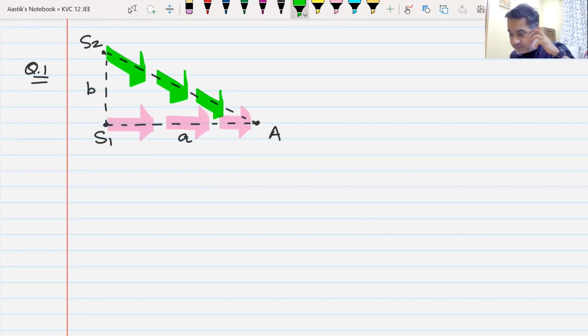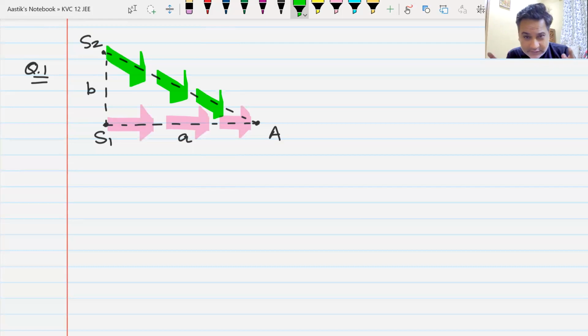Are they traveling the same path? No, sir. That means they are not traveling the same path. That means they have a path difference between them. Yes or no? Yes, sir.